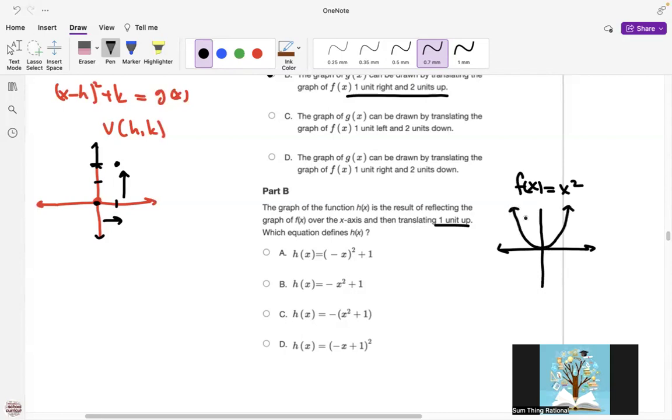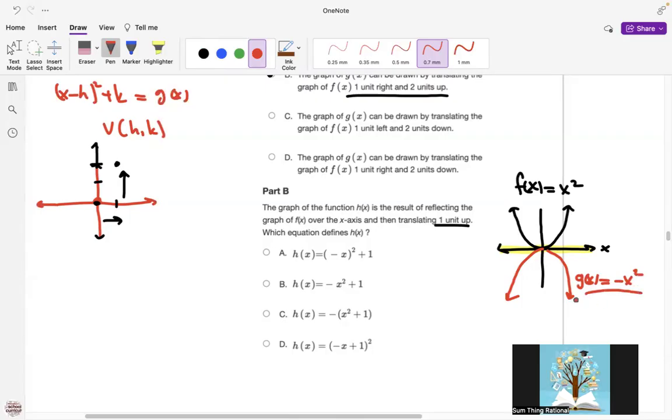Reflecting this over the x-axis means the x-axis is like a mirror. If the x-axis behaves like a mirror, the mirror image will be this graph. Let's name a different function, g of x equals negative x squared.